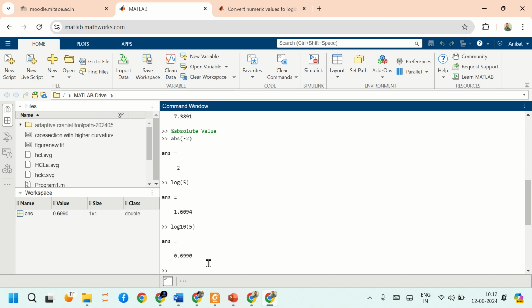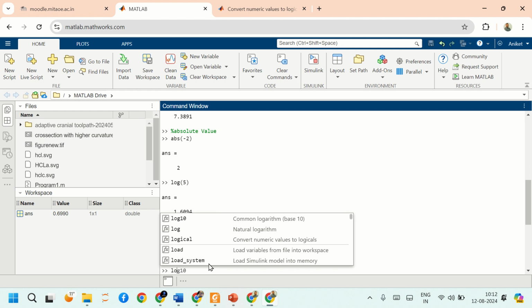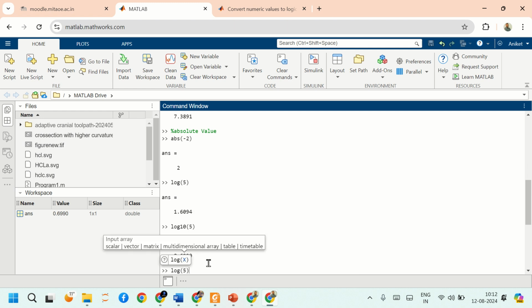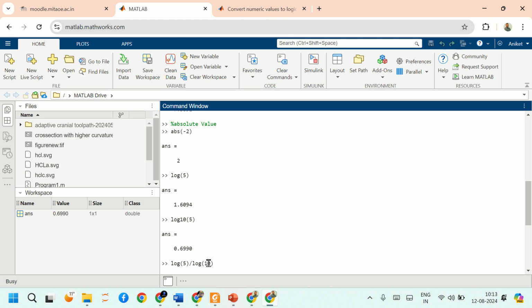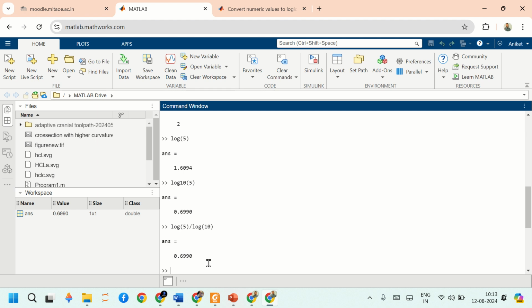So it's 0.6990. So how does log to the base 10 work? Do you know? It's log 5 divided by log 10. Am I right? 0.6990. So there is a direct function to do this, log10 of x. Okay. Then the last one is factorial.